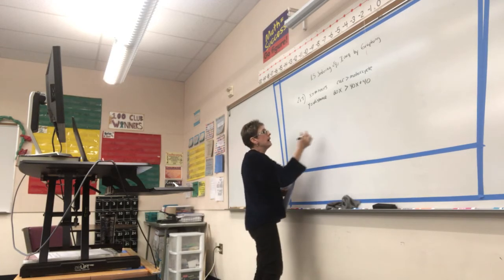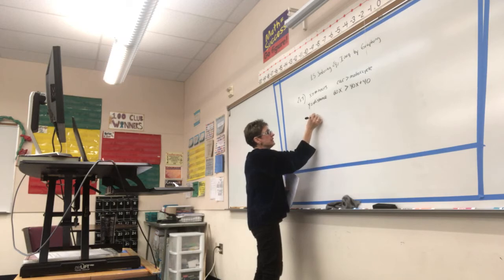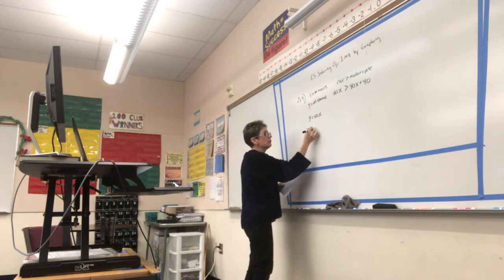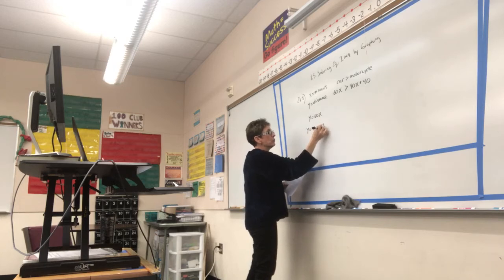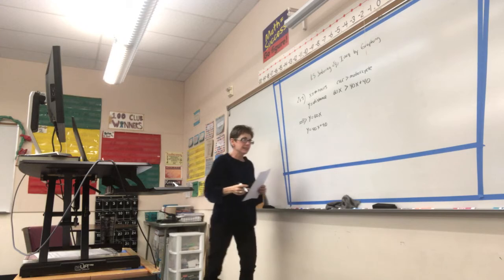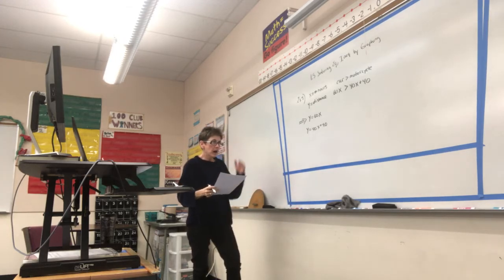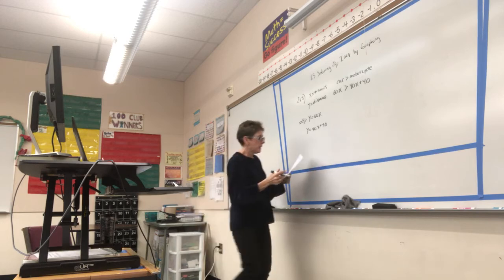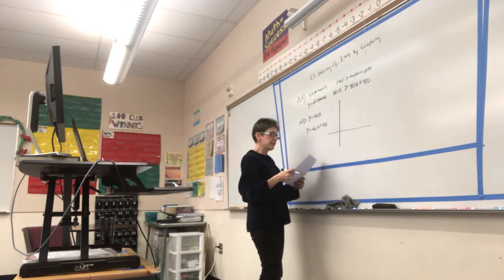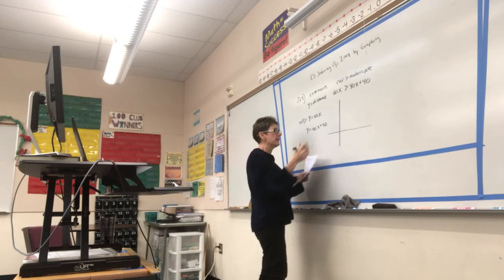So we're going to graph y equals 60x. We're also going to graph y equals 40x plus 40. And we want to see, when is y equals 60x going to be higher on our graph than y equals 40x plus 40.